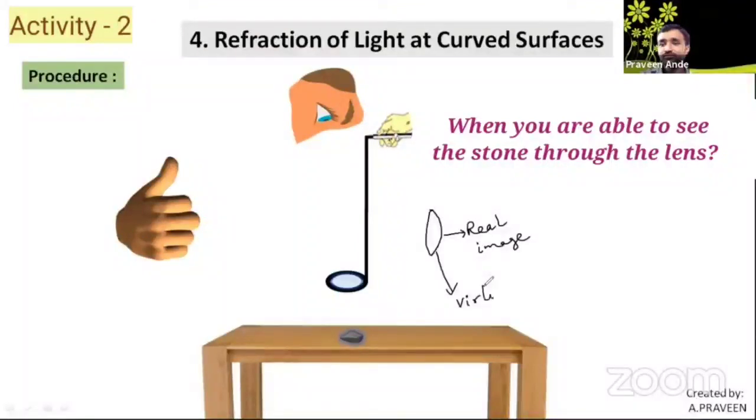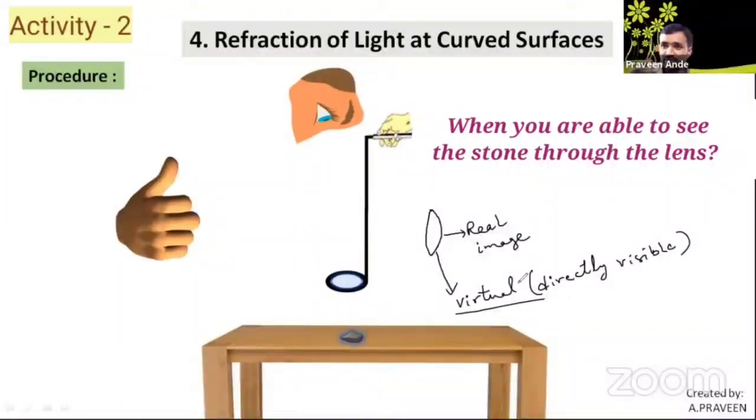Where is it? Just follow your ray diagrams. Only in one situation the double convex lens will form the virtual image. That virtual image only we can see directly. Otherwise that real image is only viewed on the screen. Is it clear, everyone? Do you have an idea about this? The ray diagrams, we have already drawn them.